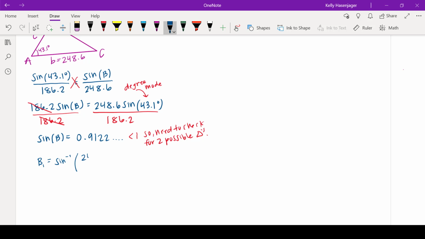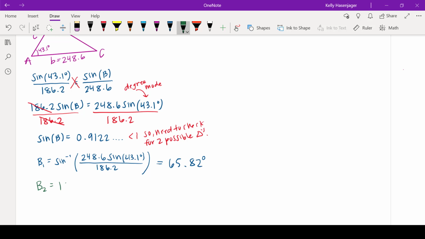So it's going to be inverse sine of 248.6 sine of 43.1 degrees divided by 186.2. Now, once you put that into your calculator, you should get the value 65.82. So that's our first angle.